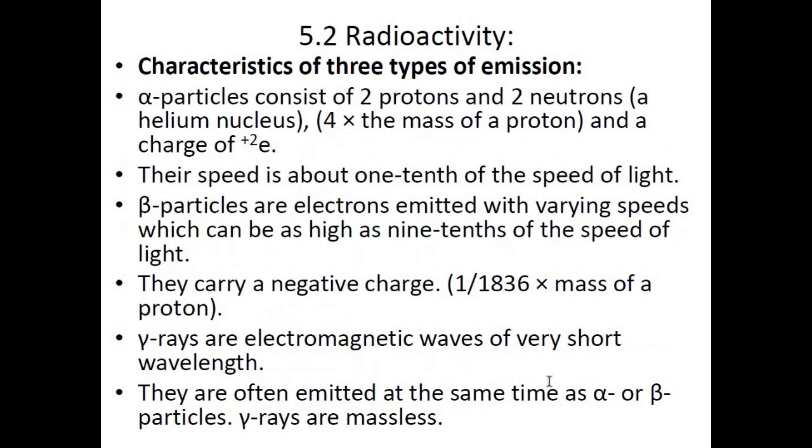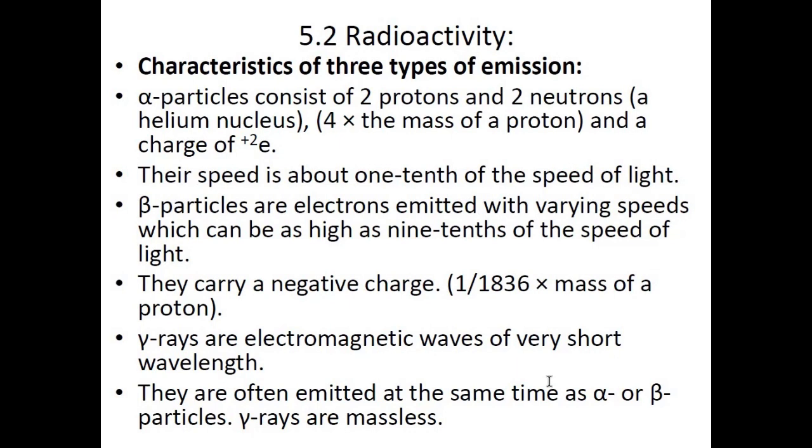The characteristics of the three types of emission: alpha particles consist of 2 protons and 2 neutrons. It has 4 times the mass of a proton and a charge of 2+. Their speed is about 1/10 of speed of light. Beta particles are electrons emitted with varying speeds. Usually they are very high speed electrons, which can be as high as 9/10 of the speed of light.